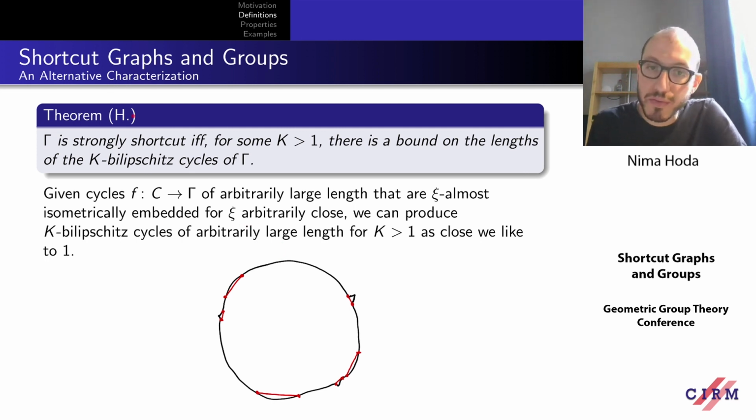So the characterization goes as follows. Gamma is strongly shortcut if and only if, for some k strictly greater than 1, there's a bound on the lengths of the k-bi-Lipschitz cycles of gamma.